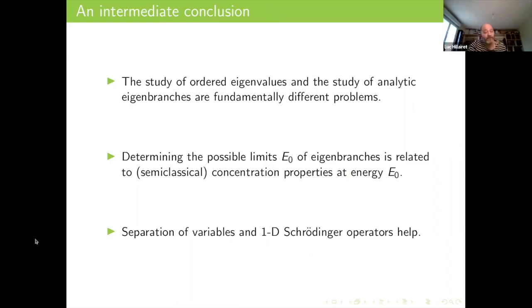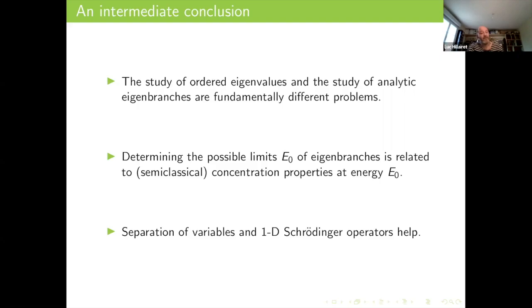First, that the study of ordered eigenvalues and the study of analytic eigenbranches are fundamentally 2 different problems. But although they are 2 different problems, you can use tools from one side to study the other one using this Feynman-Hellmann formula.